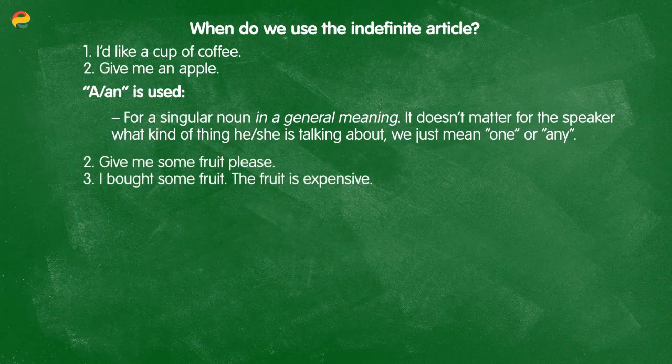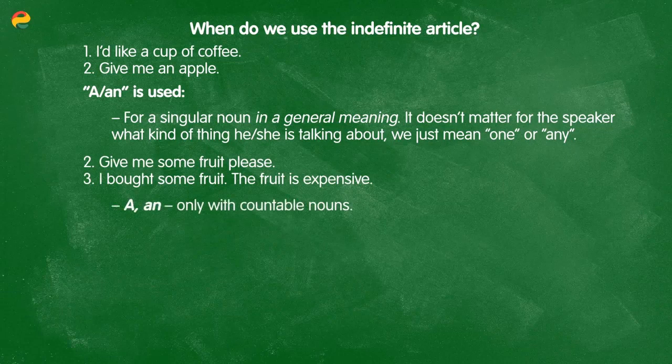You would need to say, please give me some advice, or simply, please give me advice. But we do not use the indefinite article with uncountable nouns, only with countable nouns. So if we paraphrase the previous example, it sounds like we're saying, give me some fruit, please. Or, I bought some fruit.